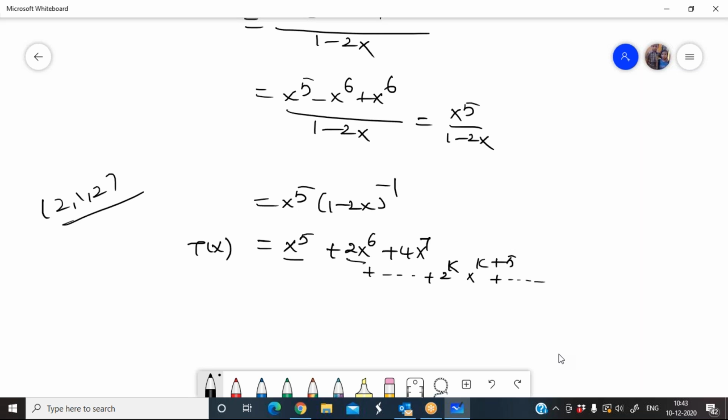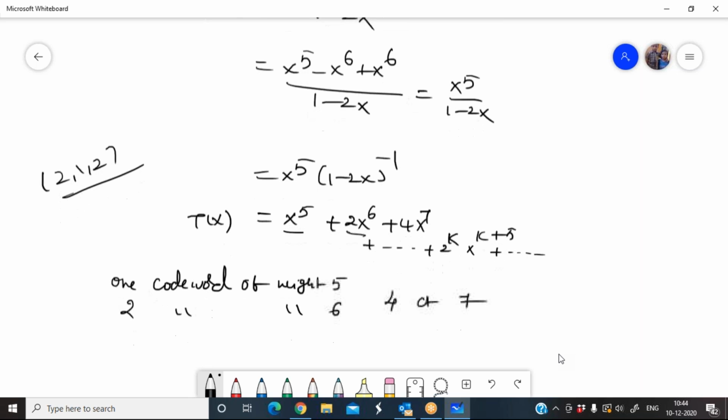That means you can say this transfer function has one code word of weight 5. 2 into x^6 means 2 code words of weight 6, and 4 into x^7 means 4 code words of weight 7.